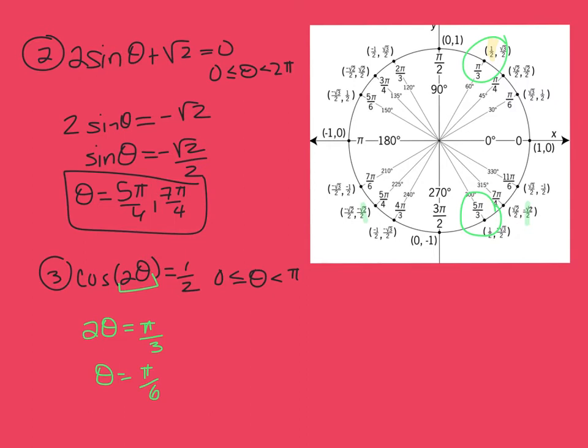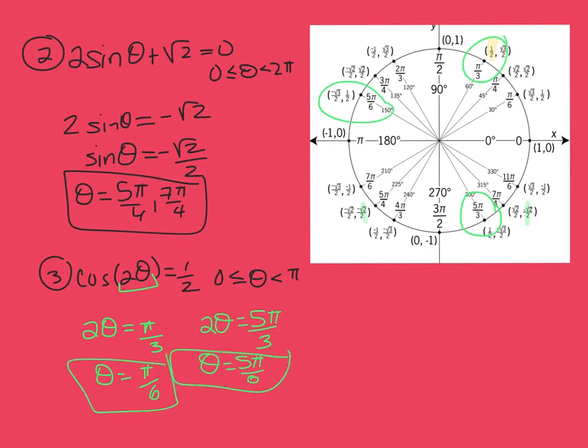However, if we solve 2 theta is equal to 5 pi over 3, suddenly what's going to happen is when you divide both sides by 2, you get that theta is equal to 5 pi over 6. That is within the domain. So actually, this is also one of the answers. Be really careful when you see these types of problems. They're a little challenging. We'll do some more examples on these, though.